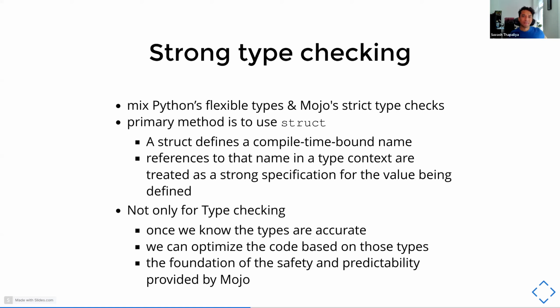Mojo has strong type checking. It can combine Python's flexible types and Mojo's strict type checks in the same program. The primary method is to use a struct. And like I said before, the idea is not only for type checking, but also what happens once the type is checked. This is kind of how Rust also thinks of types.